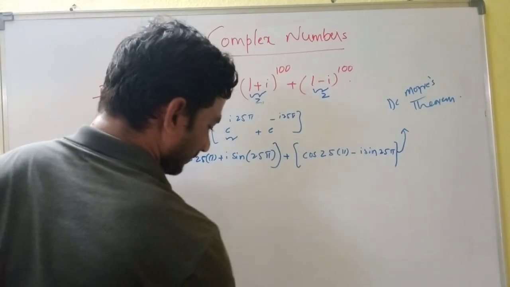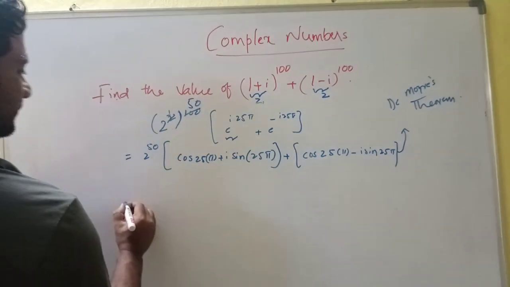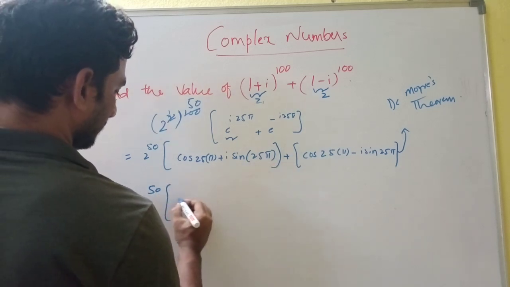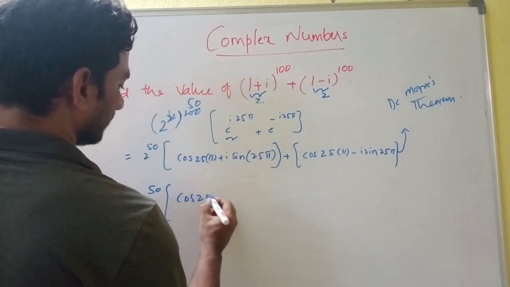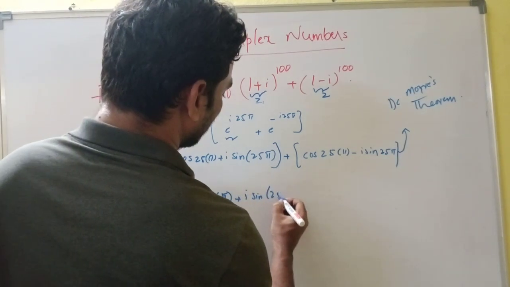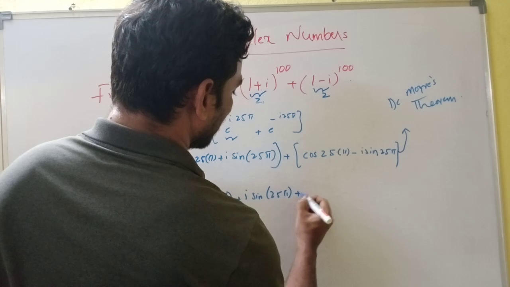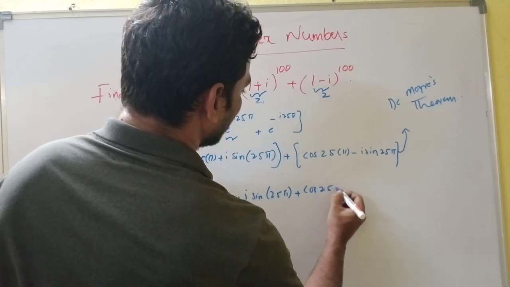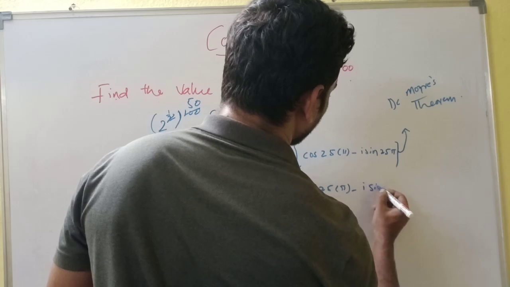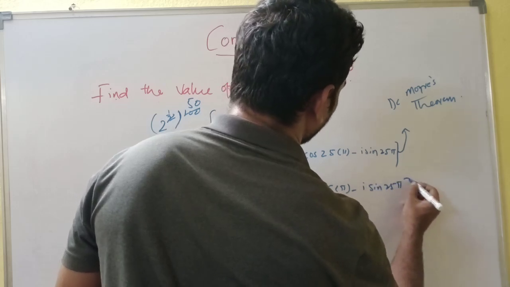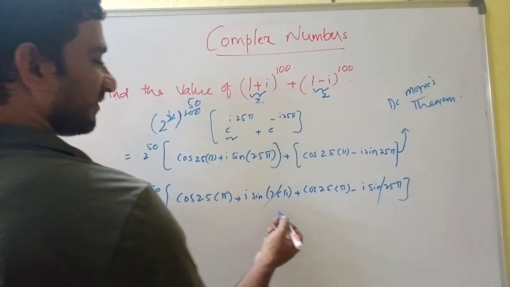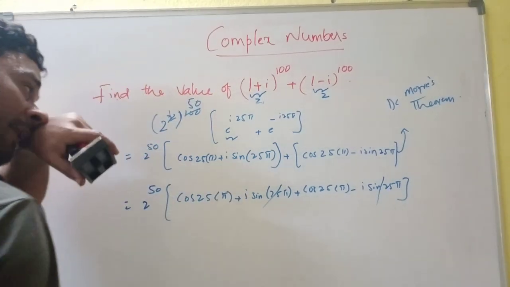So what will come next? This 2 power 50, if you take all that in one bracket: cos 25 pi plus i sin 25 pi plus cos 25 pi minus i sin 25 pi. The plus i sin 25 pi and minus i sin 25 pi will get cancelled.